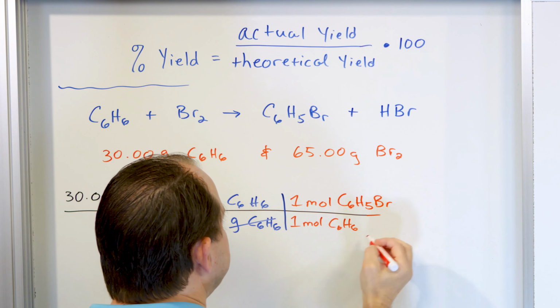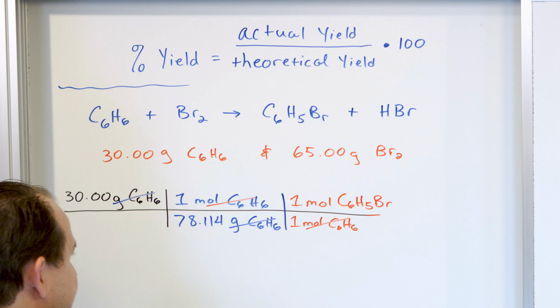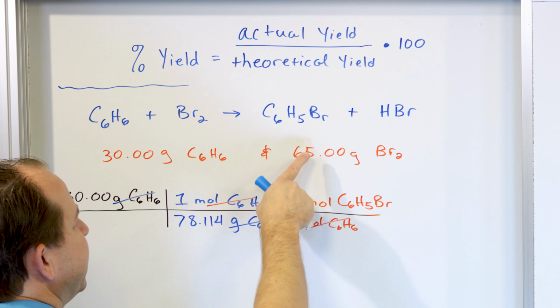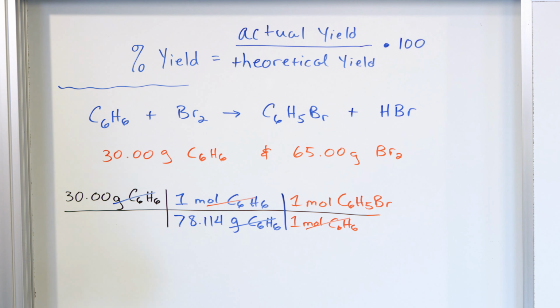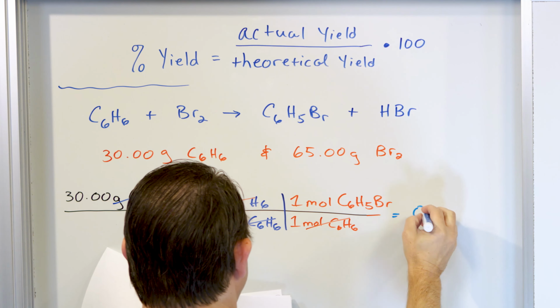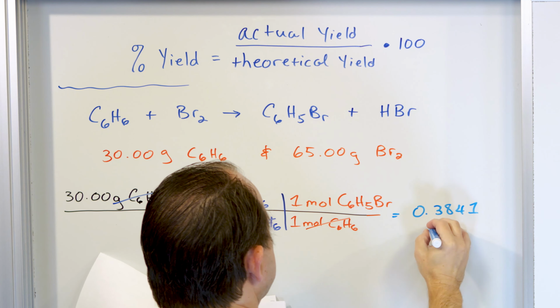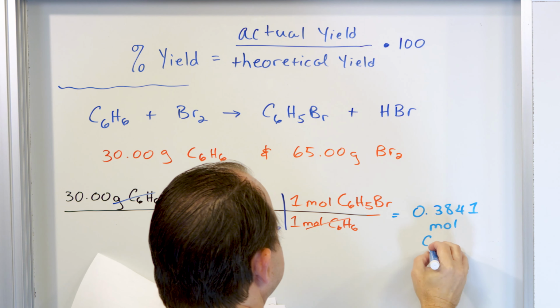All right, cancel, cancel. And so what units do I have left? I have moles of the bromobenzene at the end. So if I take 30 and then times 1 divided by 78.114 times 1 divided by 1, I get 0.3841 moles of C6H5Br.